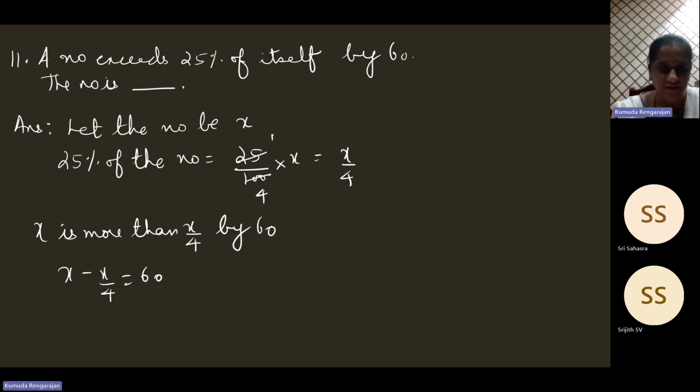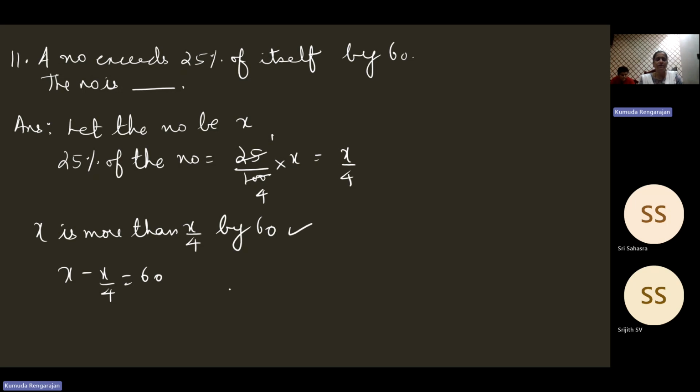So the equation is x minus x by 4 is 60.